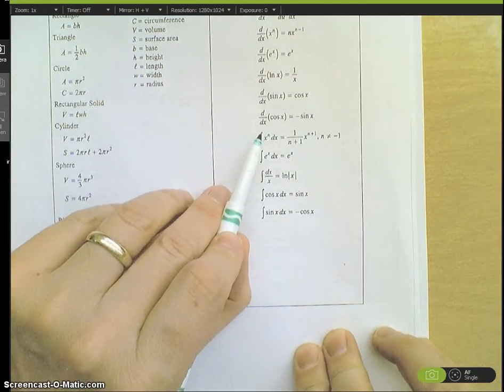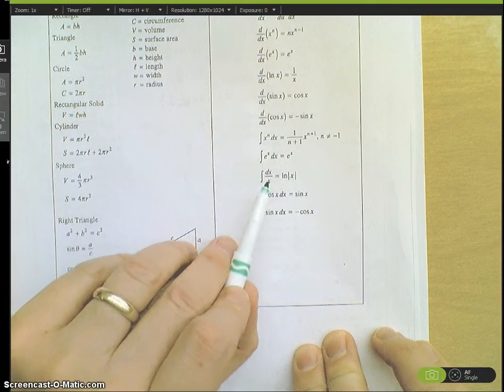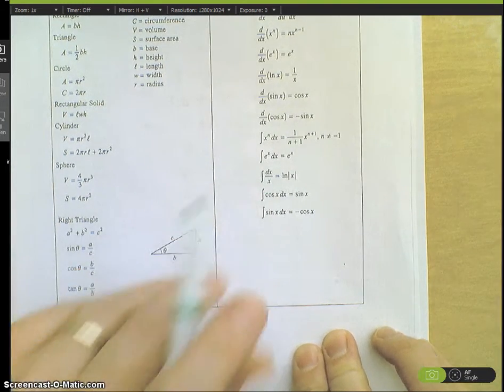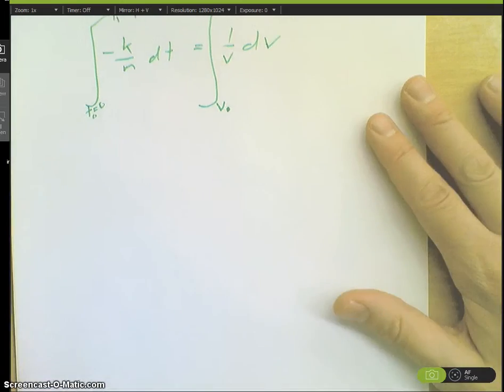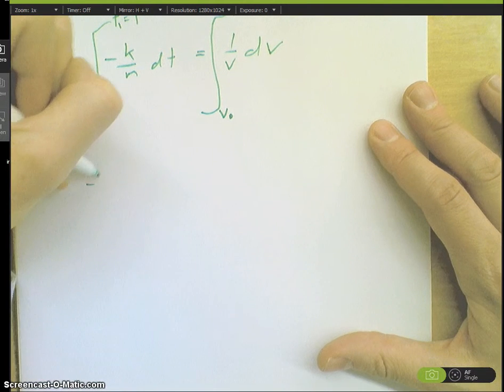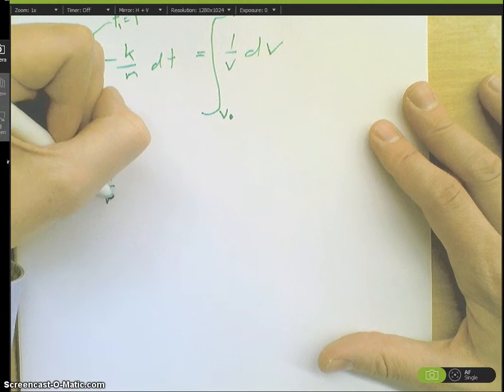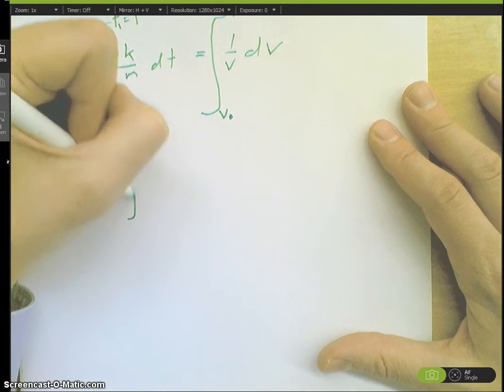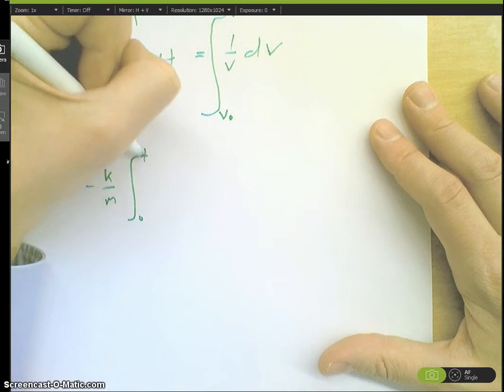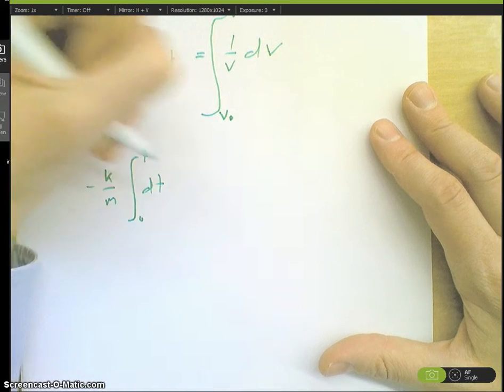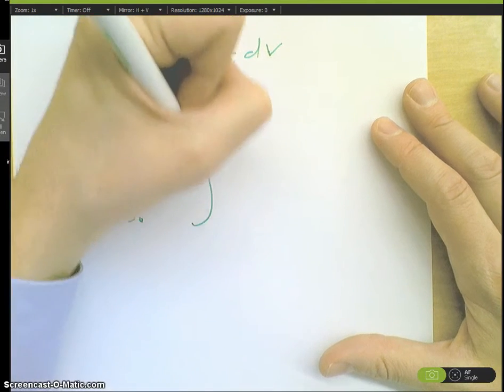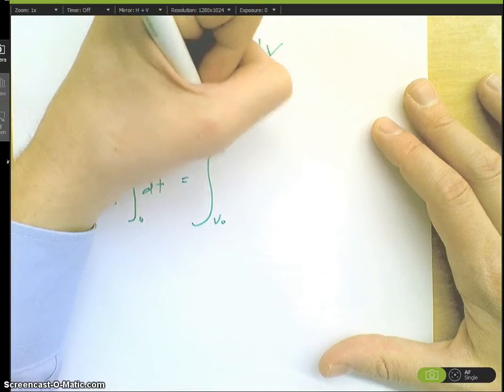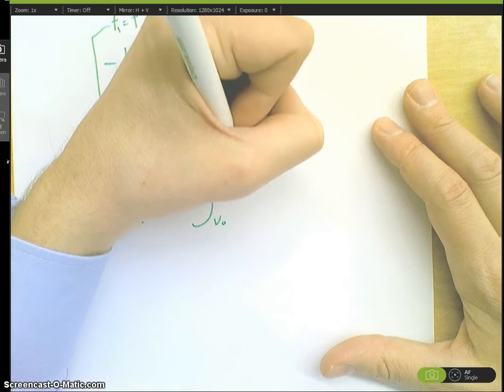This one will be for the dt side, and this one is for the 1 over V side. So the constants factor out, minus K over M. And I have the integral from 0 to t of dt, and the integral from V0 to V of 1 over V dV.